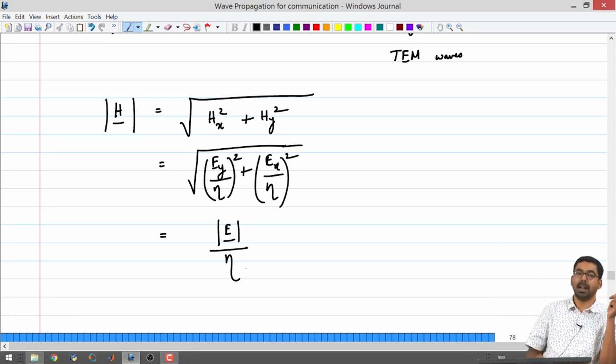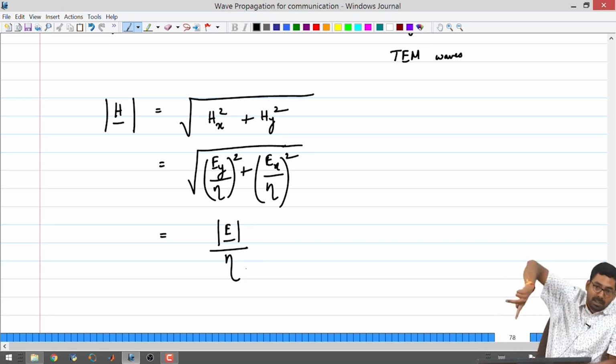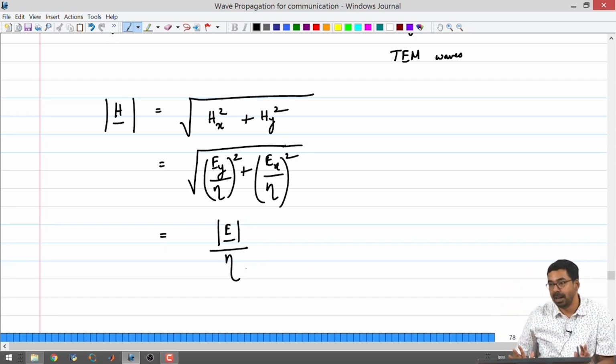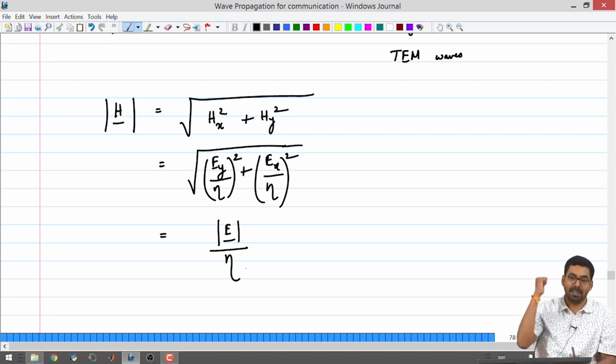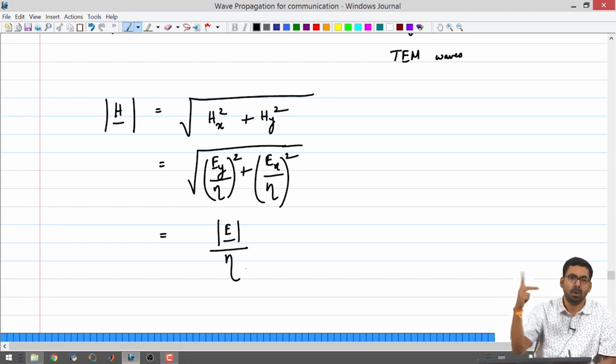It is quite possible that at some instant of time, you are having Ex, Hy and Z like this, all right, and maybe at another instant of time it is like this, maybe at another instant it is like this. All of these are valid as long as your direction of propagation is still pointing to the same side. So, it is quite possible that at a given point in space, with respect to time, the fields can rotate about the plane, right.